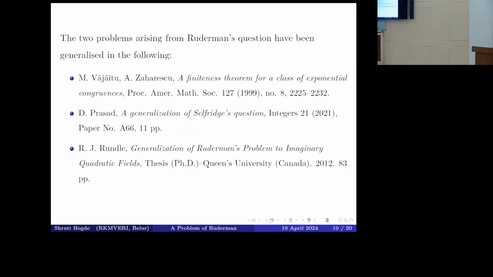In the first one, this was generalized. Not only can we change 2 to any other integer, we can in fact take polynomials and it will still be finite.